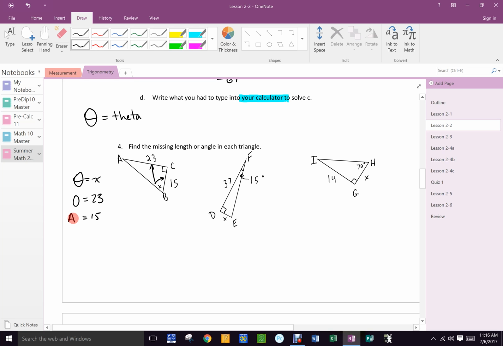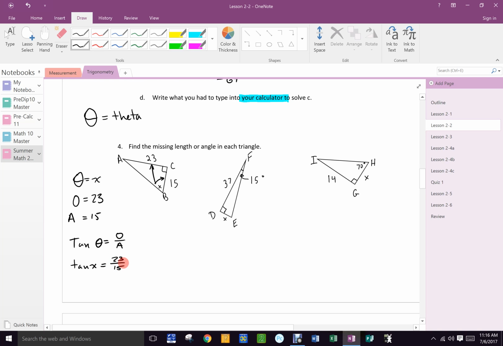We know that tan theta is always opposite over adjacent, don't we? Right? Tan of every angle is opposite over adjacent. Fill it in. I don't know theta. Tan x equals opposite 23 over 15.